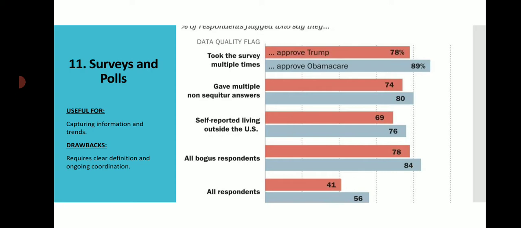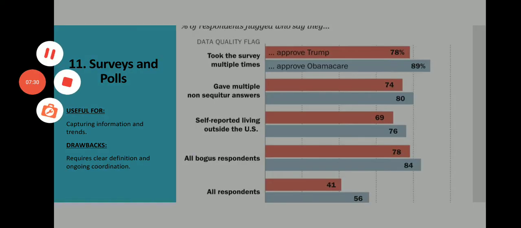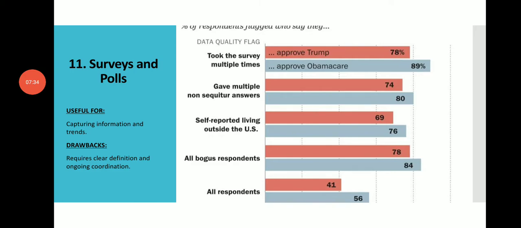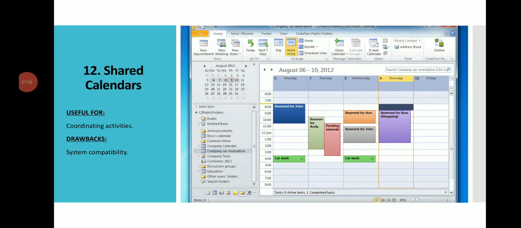Number 11, surveys and polls. Useful for capturing information and trends. Drawbacks: requires clear definition and ongoing coordination. Number 12, shared calendars. It is useful for coordinating activities.